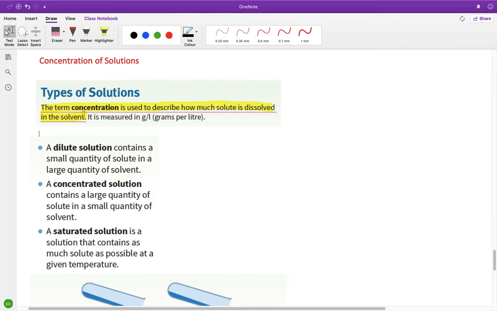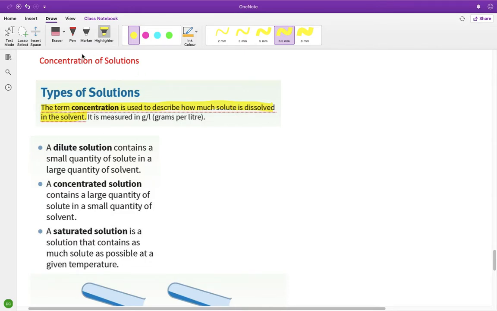No matter what they ask you, they ask you in terms of molarities, which we're not getting into, but you need to be able to make a 0.1 molar solution, a 0.2 molar solution, all the way up, and the higher the molarity, basically the more grams are being dissolved per litre. So this is all just about concentration, and concentration is just about how much solute you are putting in and how much solvent is in there.